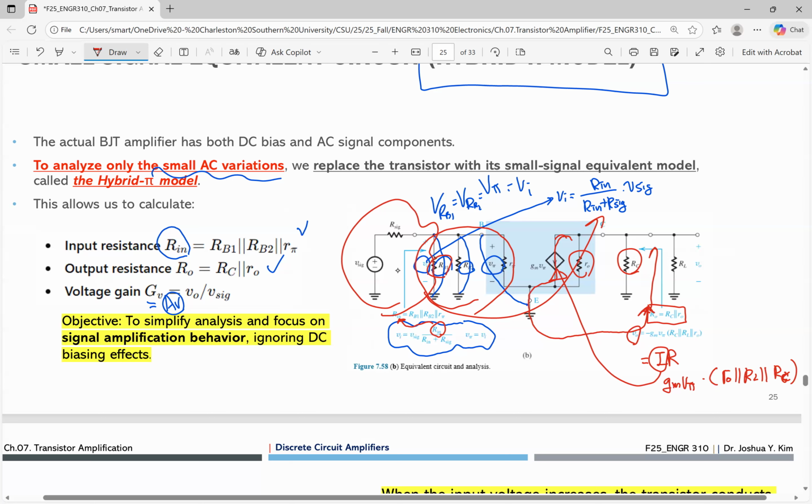Here, here. So V sub R sub L in this part is plus and minus, but the current goes from minus to plus. So this is why we have the minus, the inversion of the phasor at the output. So V sub 0 is minus G sub m times V sub pi times R sub C, R sub L, and R sub 0 in parallel.